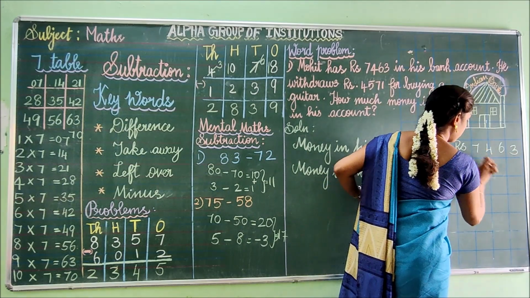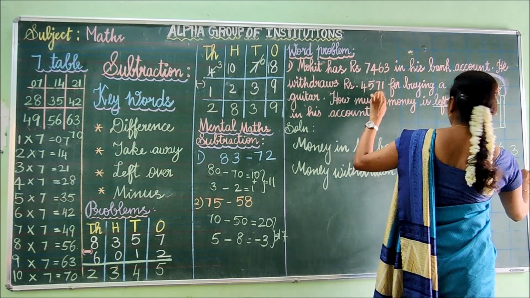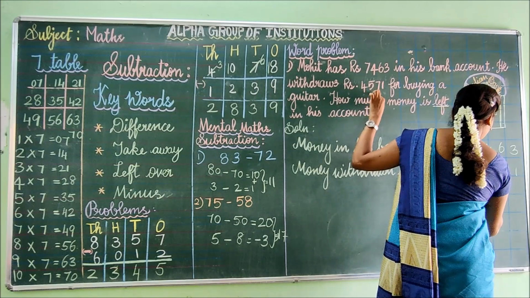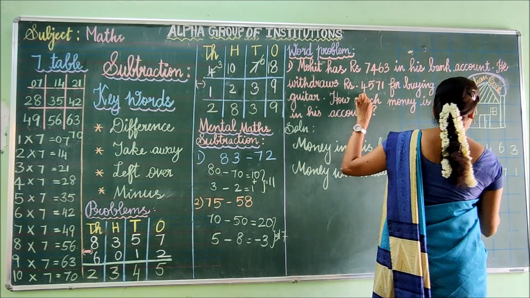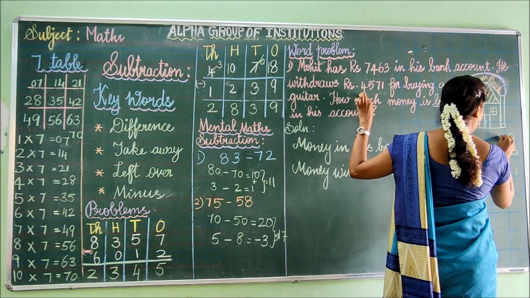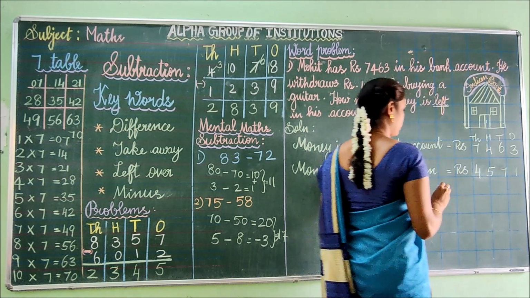You should arrange this number from the ones place, children. 1 should be in the ones place, 7 in the tens place, 5 in the hundreds place and 4 in the thousands place. If you want, you can write the place values also: ones, tens, hundreds, thousands.